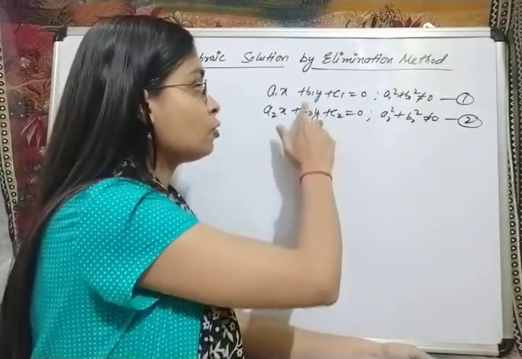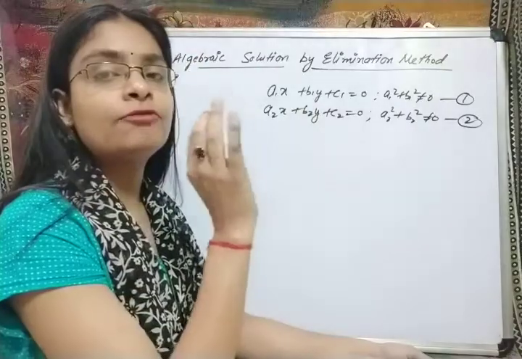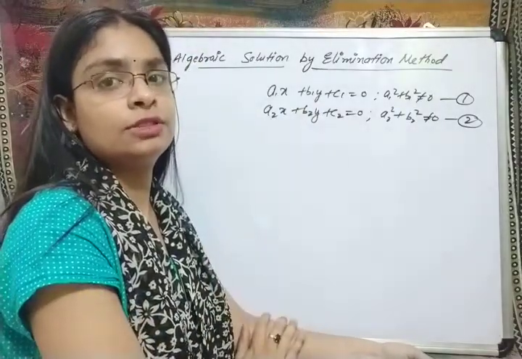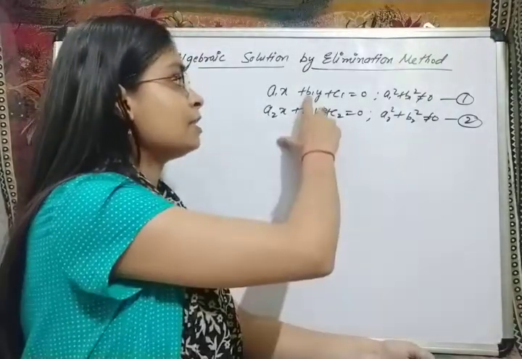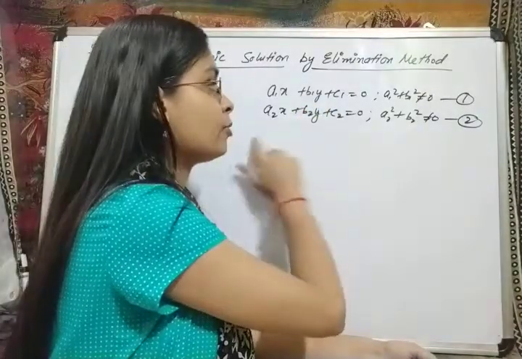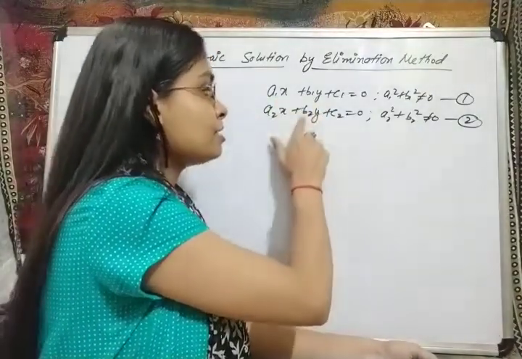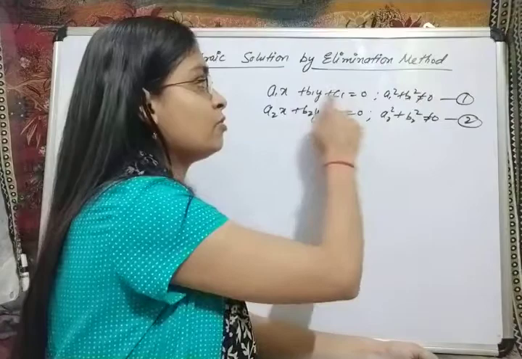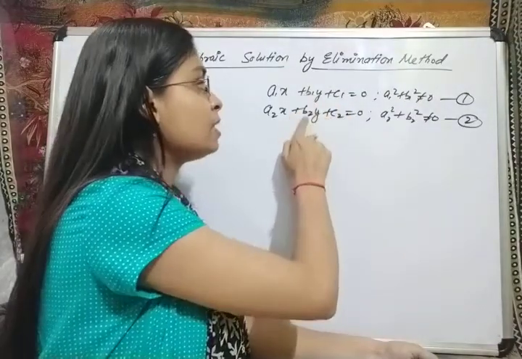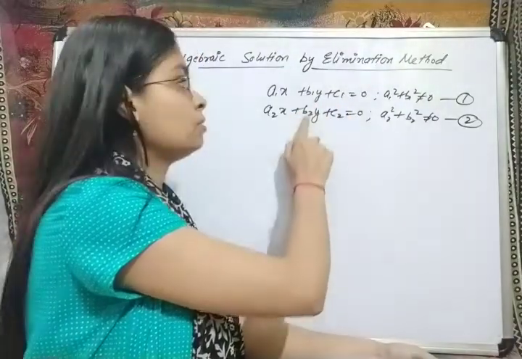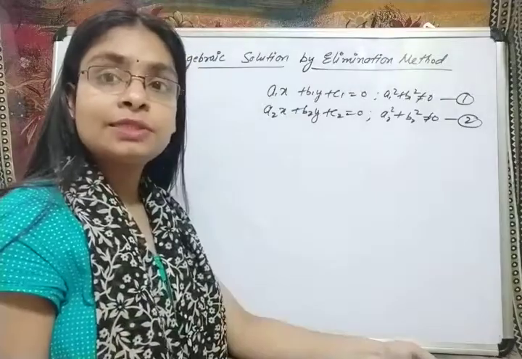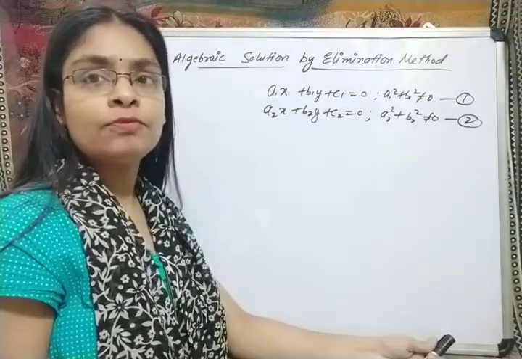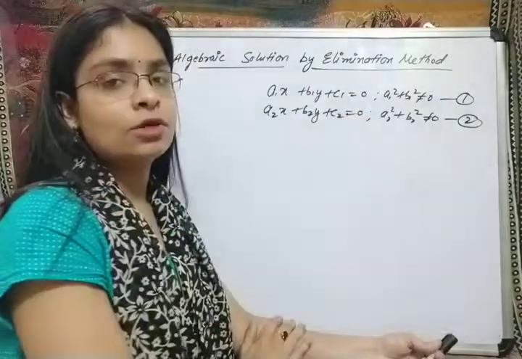We have to make the coefficient of any one variable equal in both the equations. Now suppose it is b1. If I multiply equation 2 by b1 and its coefficient is b2, and if I multiply equation 1 by b2, then it is b1 into b2 and this will also be b1 into b2. So the coefficient of y will become the same. So in this way we can do it. So we'll multiply with a non-zero constant.